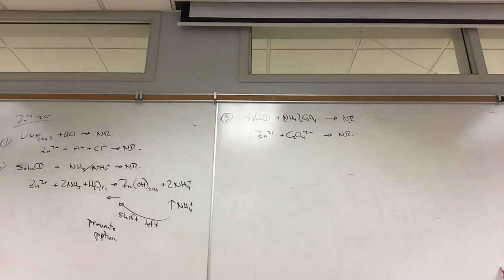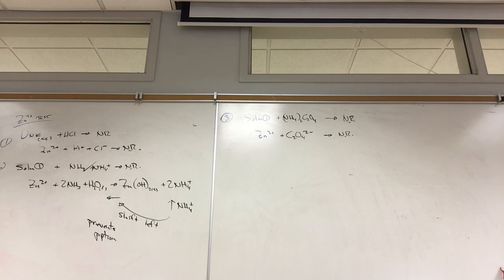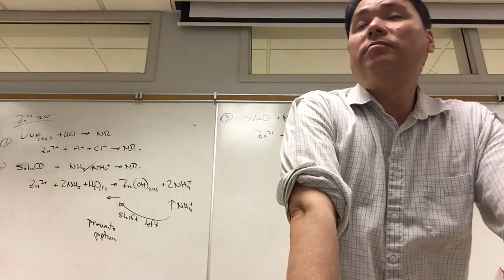So what you do is you memorize these solubility rules. You memorize solubility rules like hydroxides are insoluble except for group 1 and ammonium, and calcium, strontium, and barium. All the other hydroxides are insoluble, right? And you memorize that over and over again, and pretty soon you have it memorized.